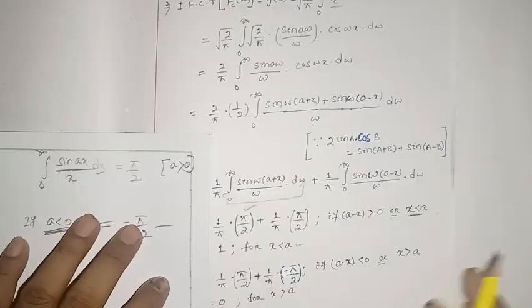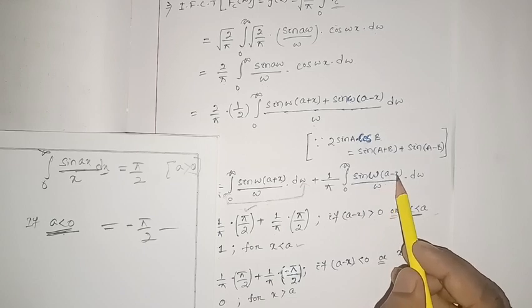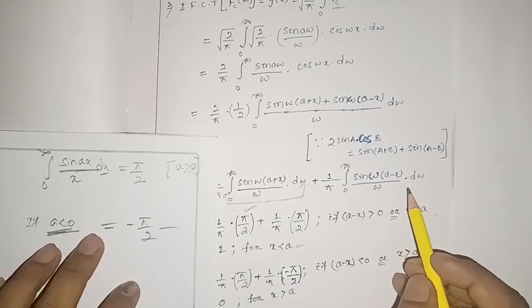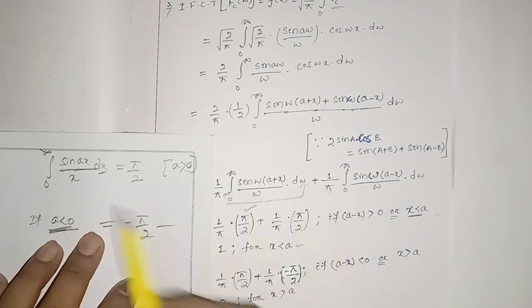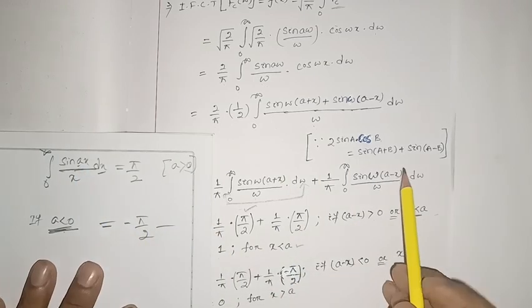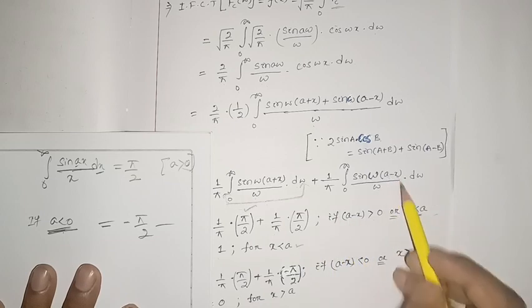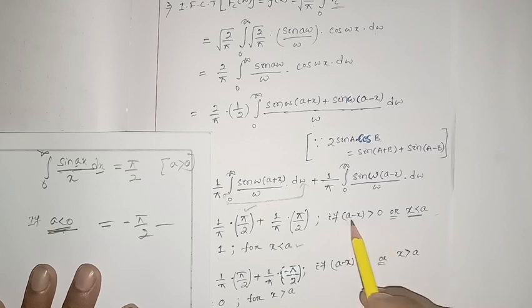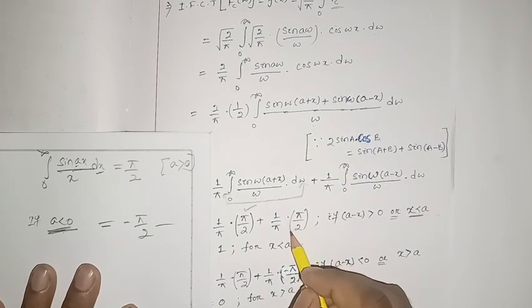Now consider this other integral. If a minus x is positive, then the value will be pi by 2. Here instead of x we have omega, and instead of a it is a minus x, so the value will be pi by 2, but the condition is that a minus x should be greater than 0, that is x is less than a. Then this integral value will be pi by 2.